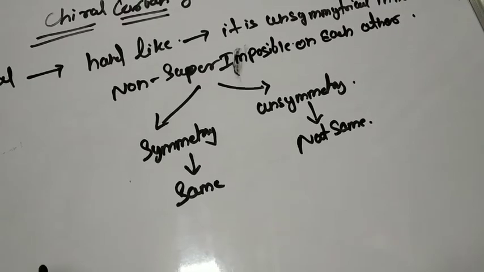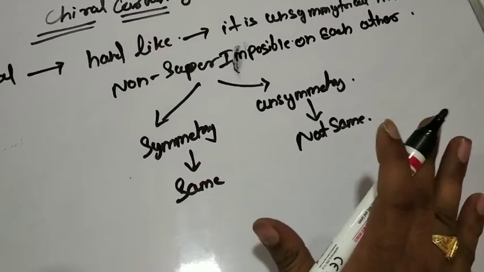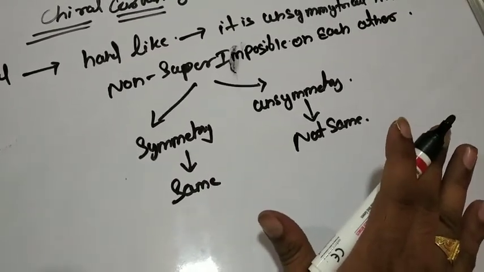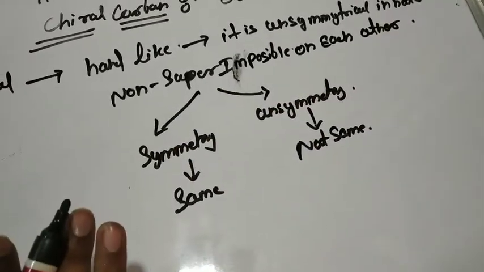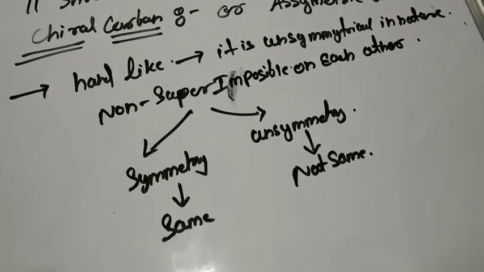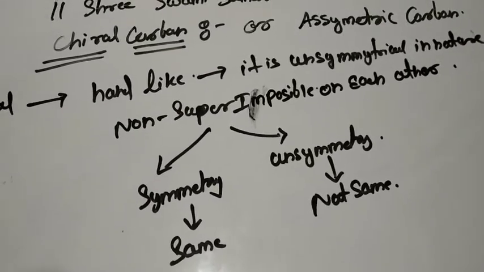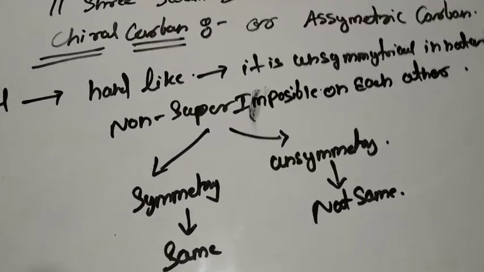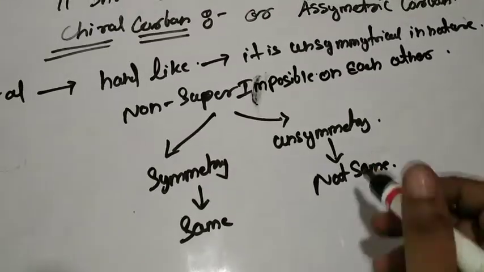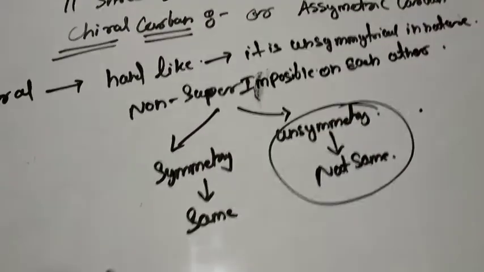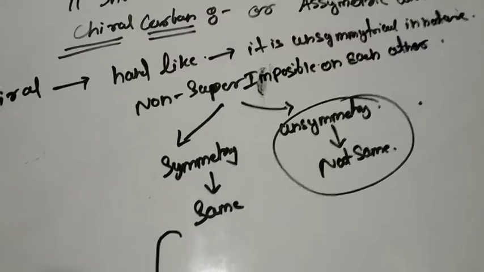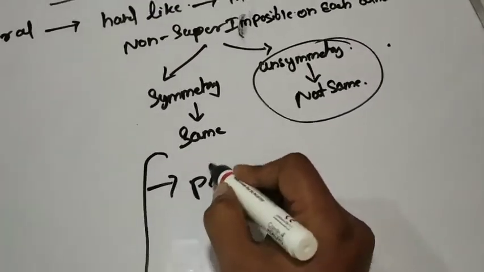As I gave you the example, if I take my right hand and put it on my left hand, you can see one thumb goes on the left side, one thumb goes on the right side. So that is said to be unsymmetry. Now what is symmetry? There are different kinds of symmetry. See, that is plane of symmetry.